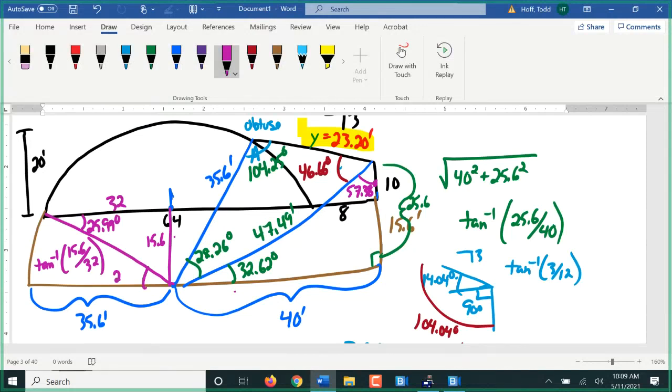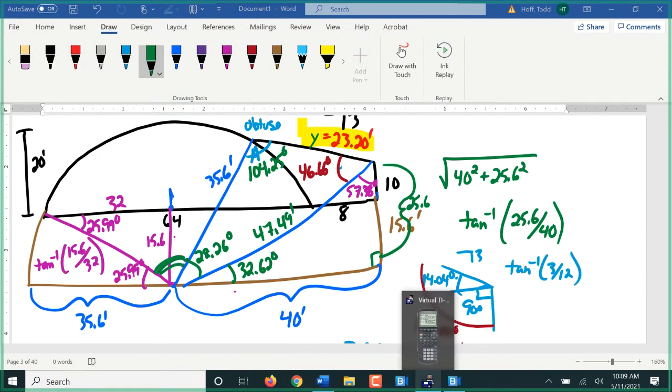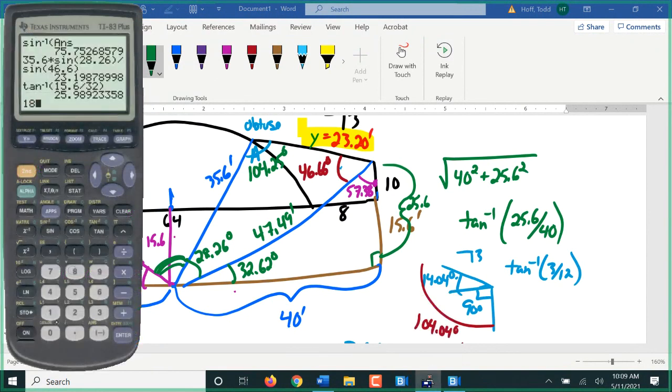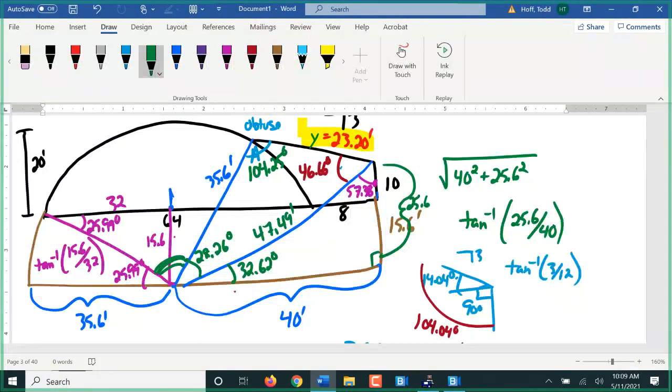So this here is 25.99 degrees, which means this angle right here is 180 minus that 25.99 minus this 28.26 and minus this 32.62. Leaving us with 93.13 degrees here.